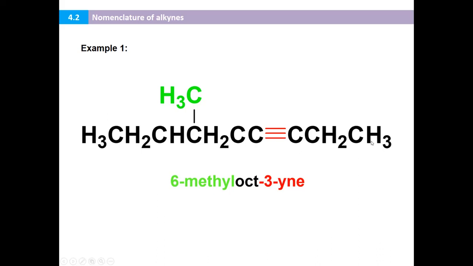So for this question, you need to count from right to left. 1, 2, 3. So at location number 3, you have the triple bond. And 3, 4, 1, 2, 3, 4, 5, 6. At carbon number 6, you have methyl. So you put here 6-methyl-3-yne, or you can also put 6-methyl-3-octyne.